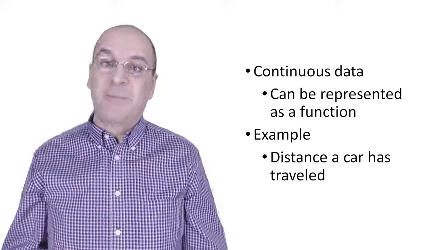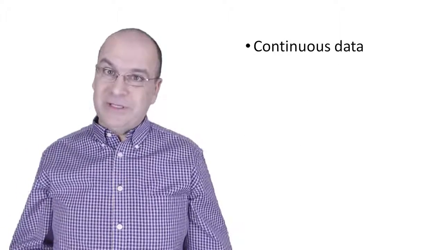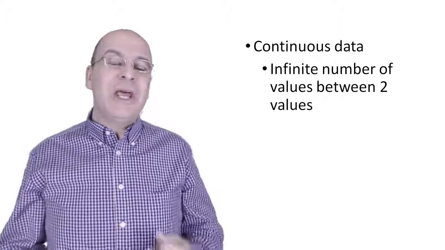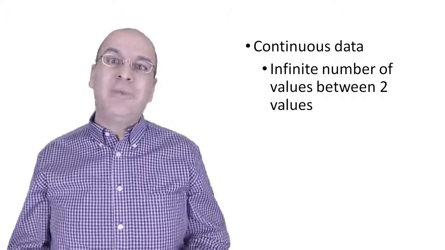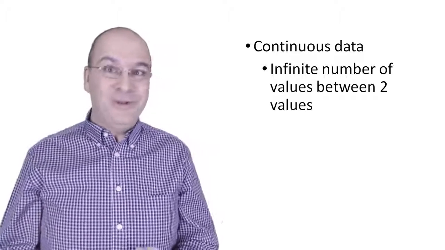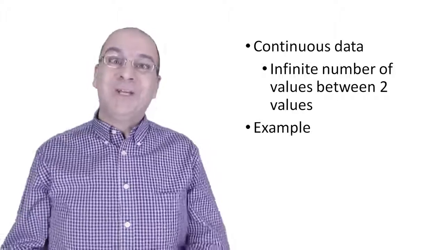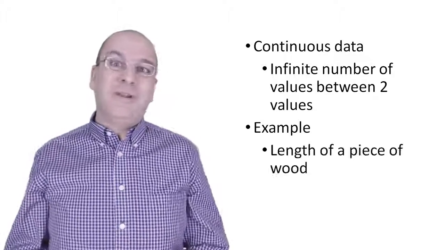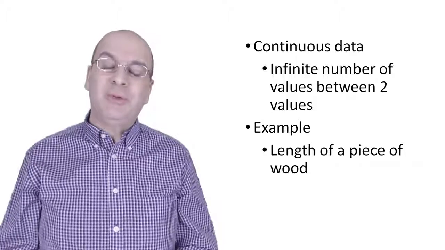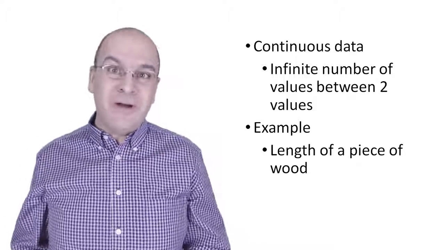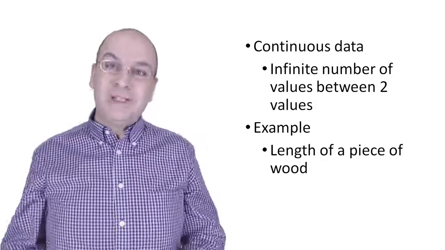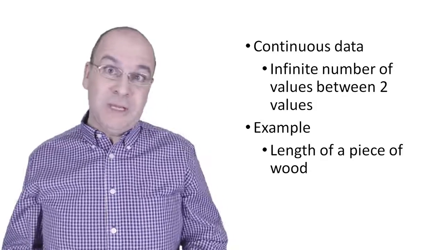for calculating that function. Another way to think about continuous data is pick 2 points, and if there are an infinite number of possibilities between those 2 points, then you've got continuous data. Some examples here. Let's say the length of a piece of wood. If I say, give me a piece of wood between 1 and 2 feet long, there's actually an infinite number of lengths of pieces of wood you could give me.